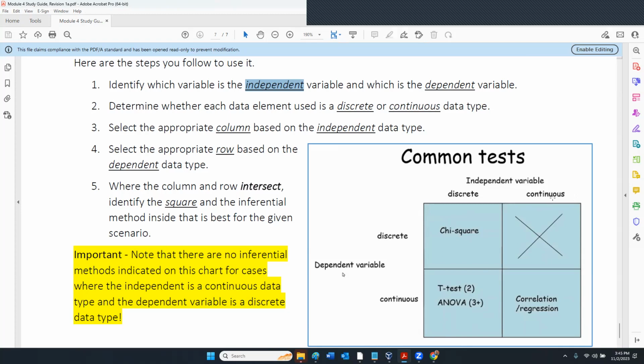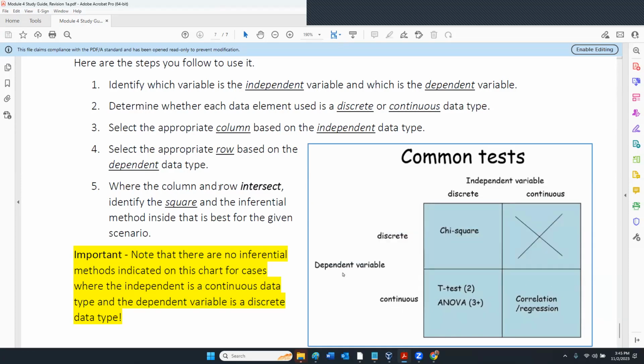In this case, it's continuous. So I'm in this column right here. And then I select the appropriate row based on the kind of data that's used for the dependent variable. And in this case, it's discrete. So I'm looking at the rows.